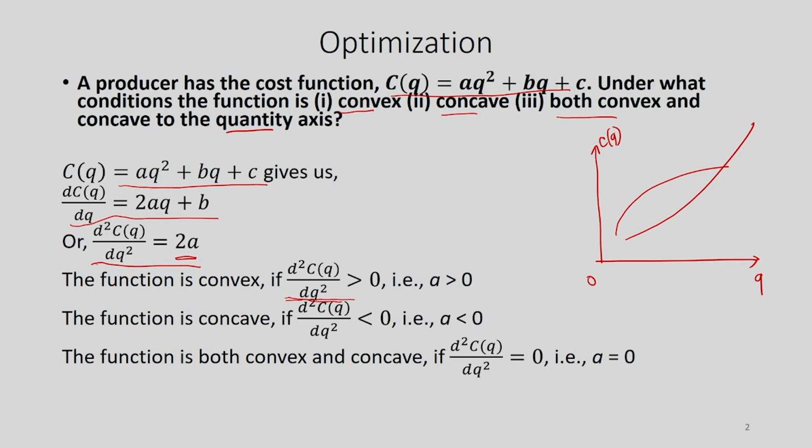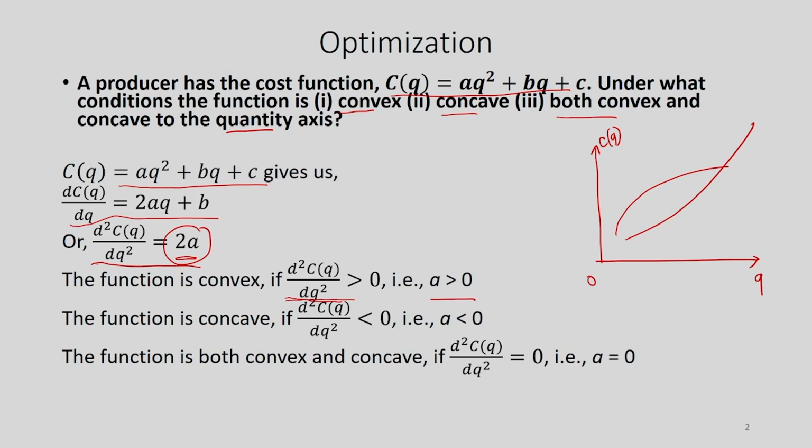Now, when will this second derivative be greater than 0? It will be greater than 0 if 2a is greater than 0, and 2a is greater than 0 if a is greater than 0. So this is the required condition. The function is convex if small a is positive.